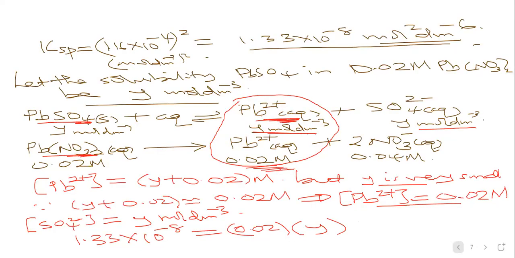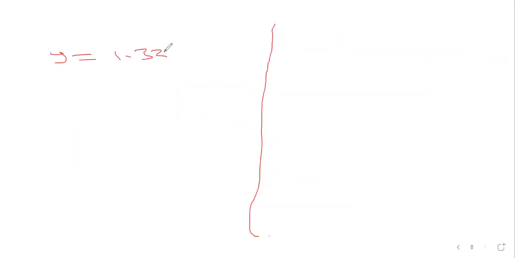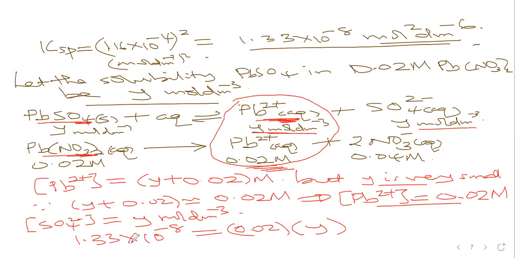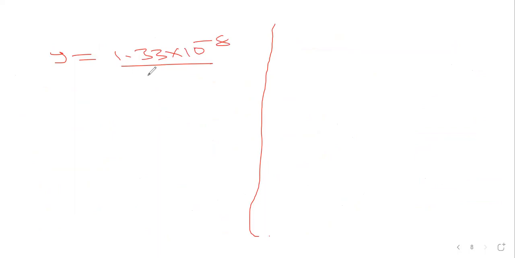Y will be, when you go back here, 1.33 times 10 to the negative 8 divided by 0.02, such that your Y is 6.65 times 10 to the negative 7 moles per liter.